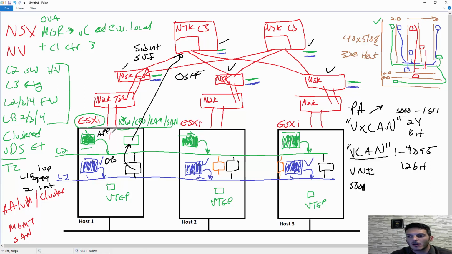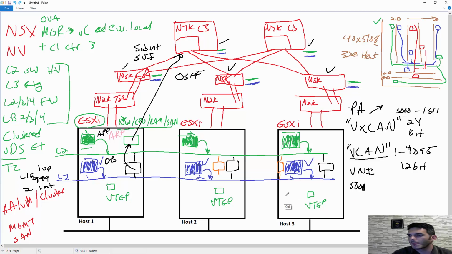Okay, this could be ARP. If it's ARP, not a big deal. Whatever leaves the VNIC of this VM goes onto the logical layer 2 switch, and then it comes up here to the VTEP. The VTEP is basically your exit point for any of the NSX rolled out services, layer 2, layer 3, etc. What ends up happening here is the ARP.